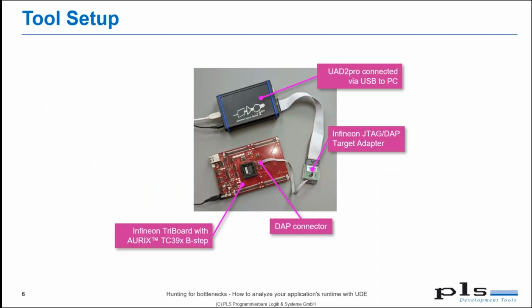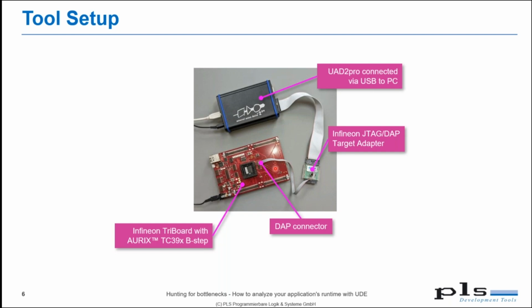Okay, before we go to the debugger and look into the application, a general remark on my hardware setup. I'm using a real target, which is a TC39B step mounted on an Infineon triboard, which can be seen here on that picture.